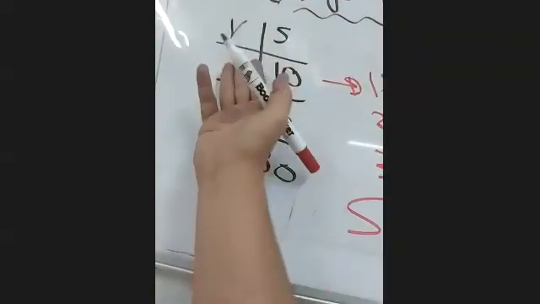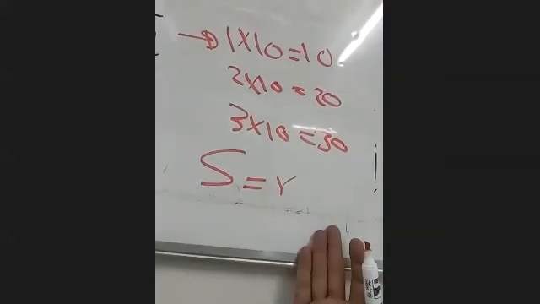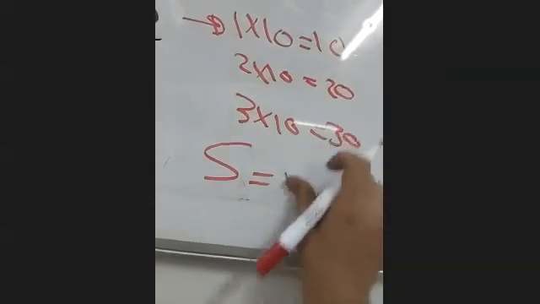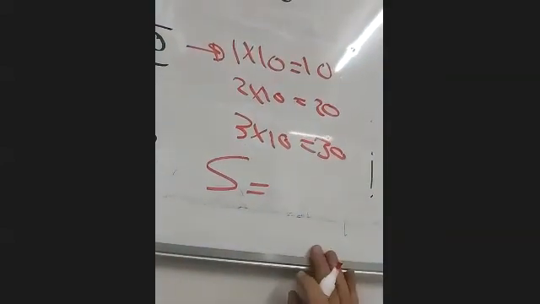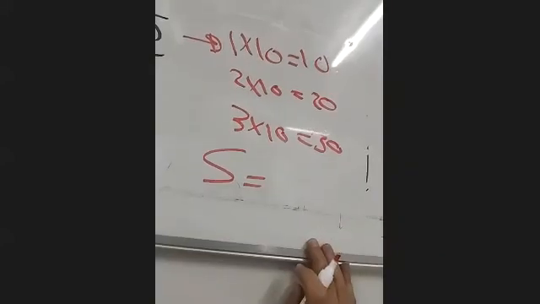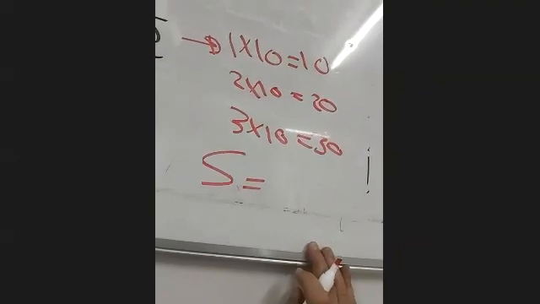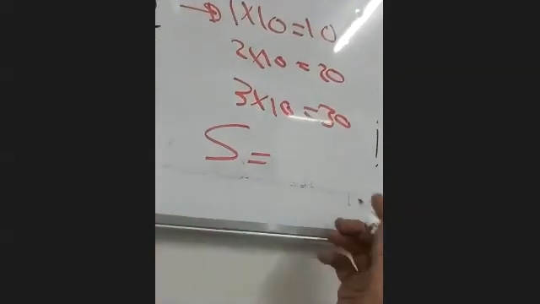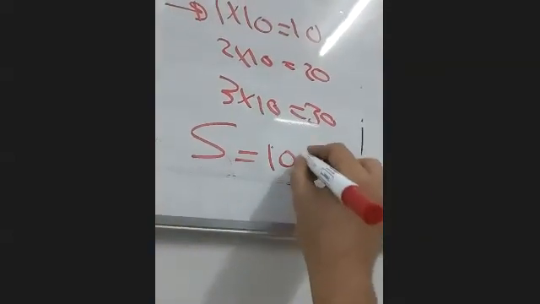What did we do with the R values? We multiply by what? By 10. So what will I write here? S equals 10 multiply R. How do we write it? 10R. Like this, right?